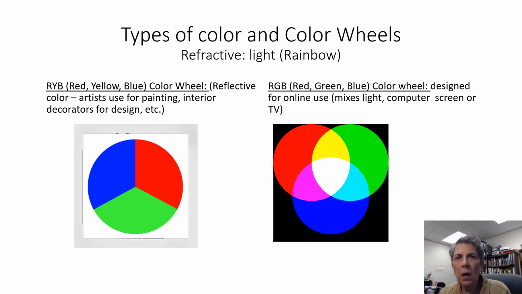Those are the way that online mixes light. So it's very different. Since I'm an artist, not an online artist, I'm not really concerned about the RGB. I'm concerned about the red, yellow, blue. Like I said, I'll change that on the PowerPoint.